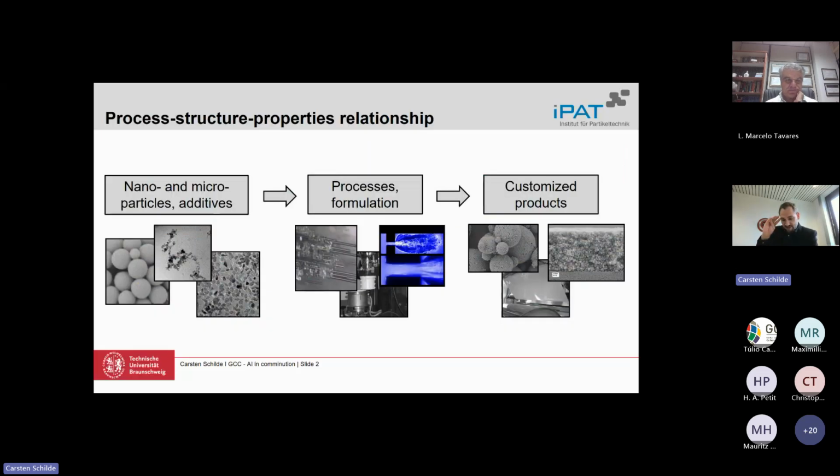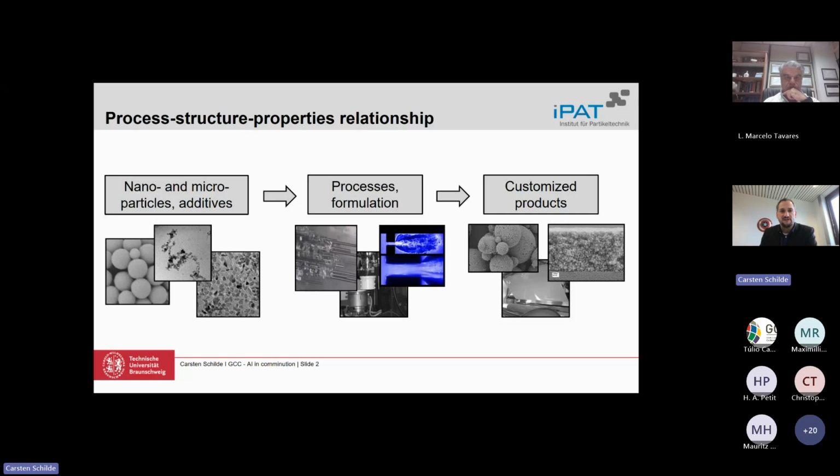I would like to give a classical introduction of my research here at the Institute. If we are dealing with particles, this is related to the process-structure-property relationship, where we have the particles on the one hand, and on the other hand, our customized products, in our case coming from the comminution process. In between, we have several production steps related to, for example, formulation, grinding, and classifying.